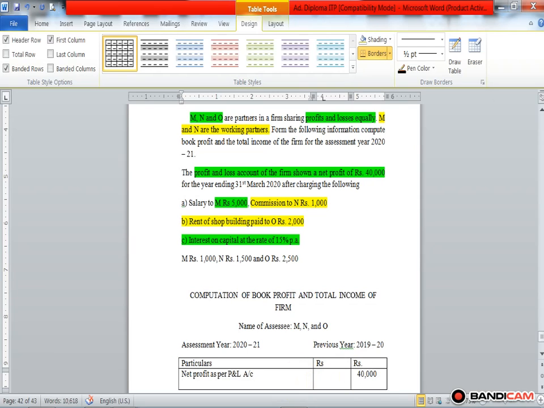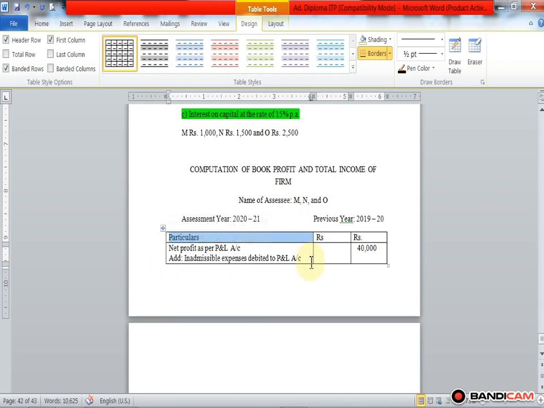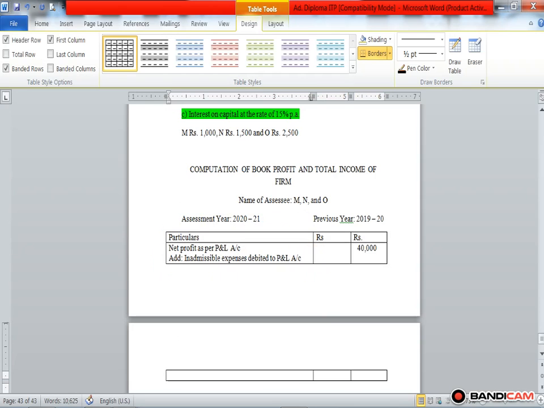Then we add inadmissible expenses debited to the P and L account. Here expenses are not given.